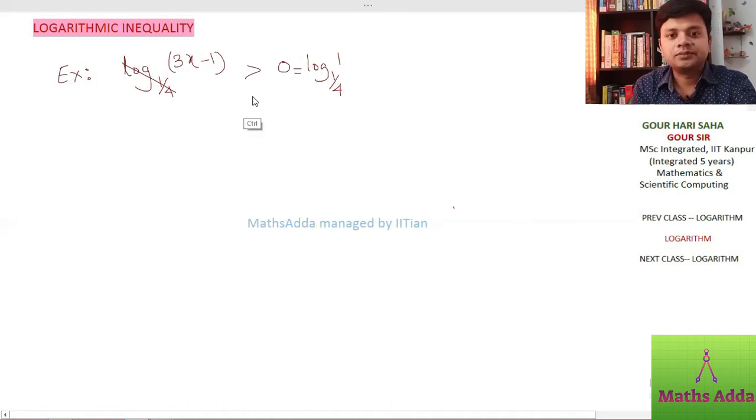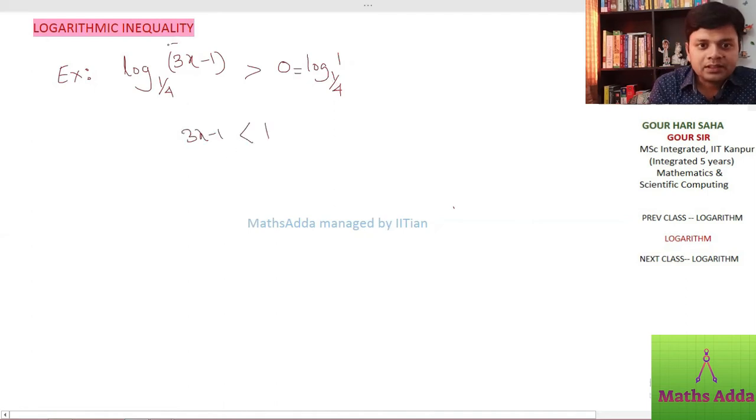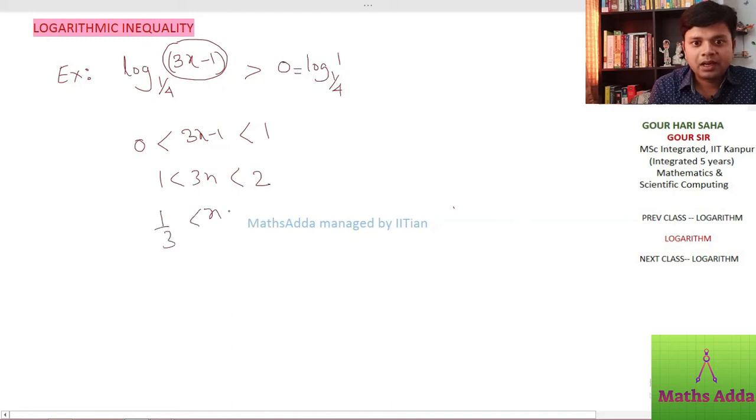So it becomes 3x minus 1 less than 1. And the argument must be positive, so 3x minus 1 must be greater than 0. Now solve this: bring 1 to this side, 3x is 2, and x is from 1/3 to 2/3. This is your answer.